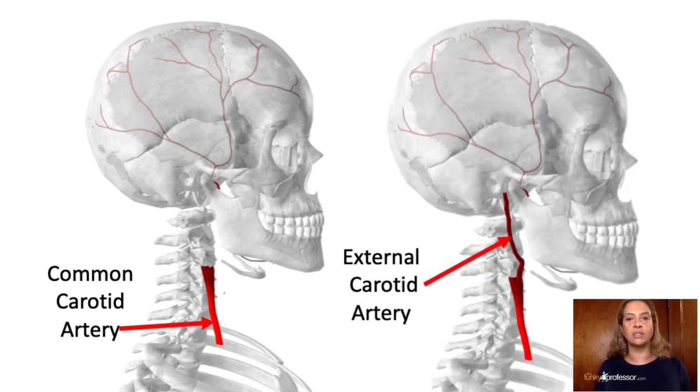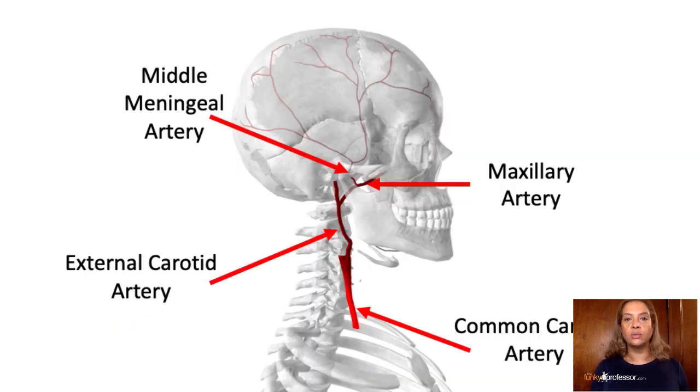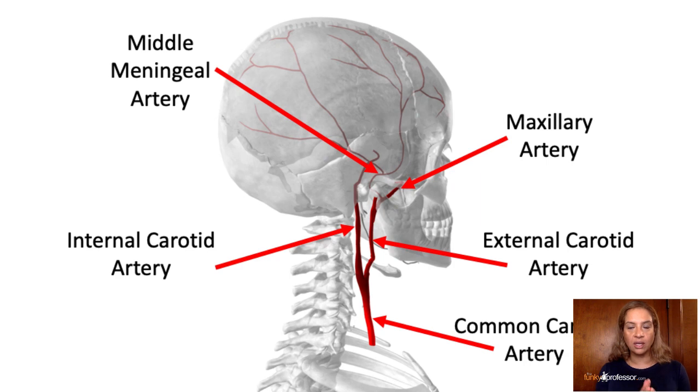The external carotid artery goes on to give off the maxillary artery, and it's the maxillary artery that gives off the middle meningeal artery. So the middle meningeal artery is a branch of the external carotid artery. And just to show you where the internal carotid artery is, I have put up this diagram so you can quite clearly see that the external carotid artery and the internal carotid artery are quite different.